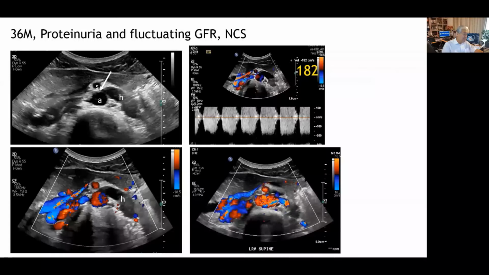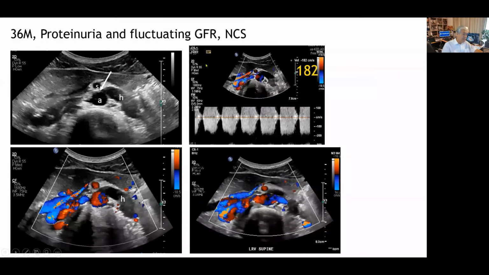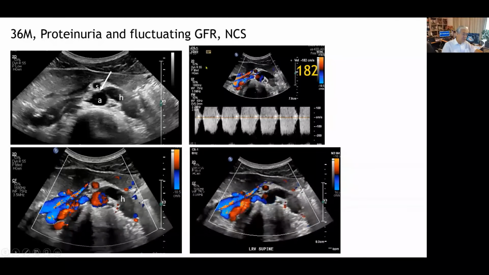In severe nutcracker syndrome, like this patient, glomerular filtration rate can be very different between the morning and the evening.